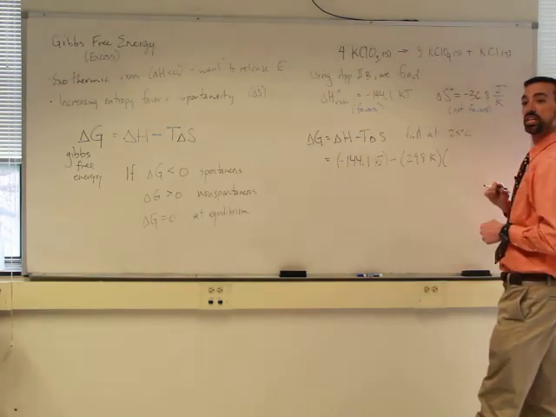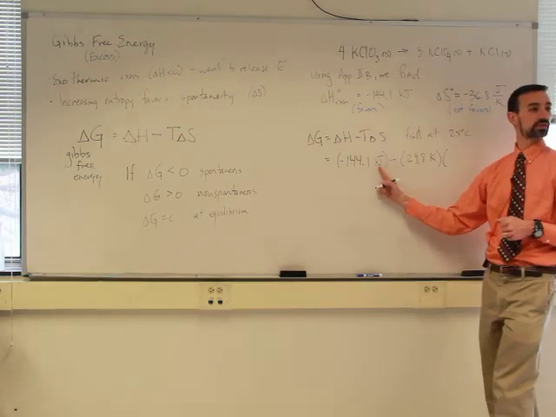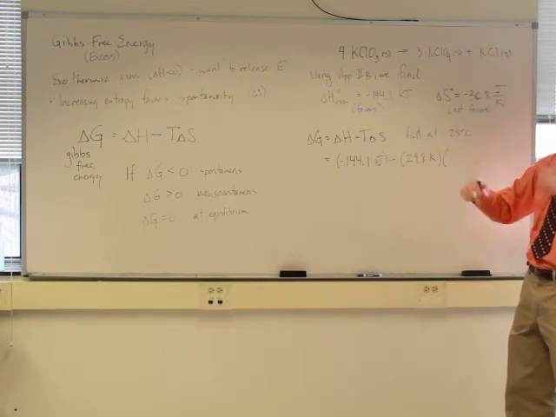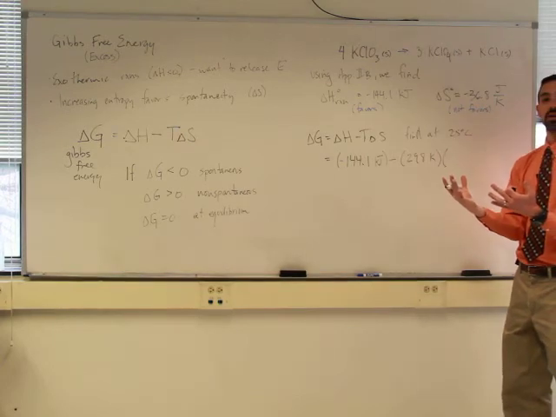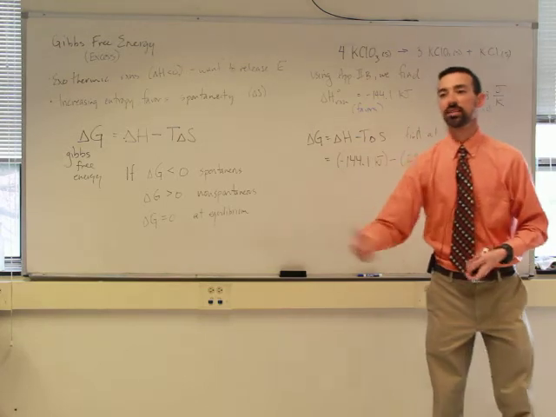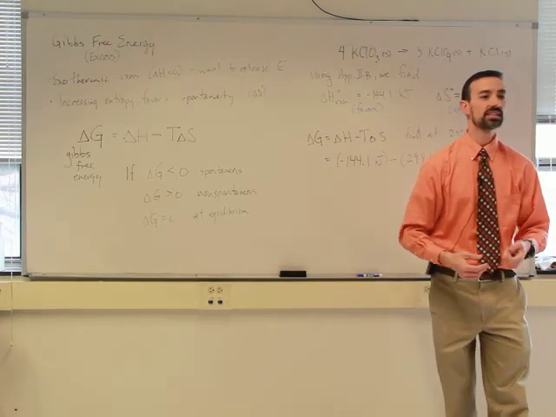Now here's another little sticky point. Look at the units. H is kilojoules, S is joules. So we've got to make them equal before we combine them, right? In other words, we can't say, here's $20, and then somebody puts a quarter down and says that it's $25, right? That's a different scale.